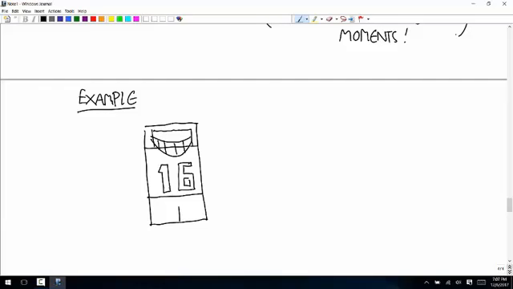And let's say his mass is 100 kilograms.